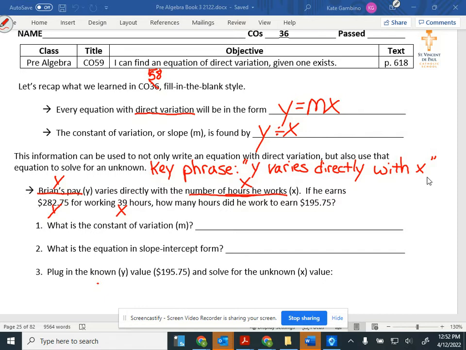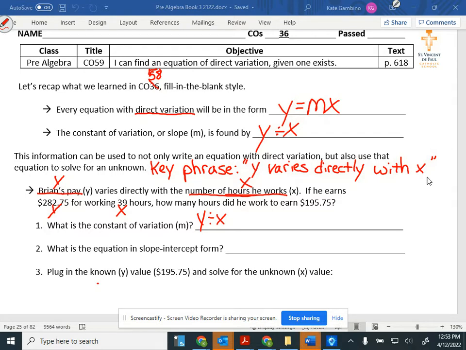First step, what is the constant of variation? How do I find that? Colin? Y over x, y divided by x. So using the numbers that we know, what am I going to do, Colin?